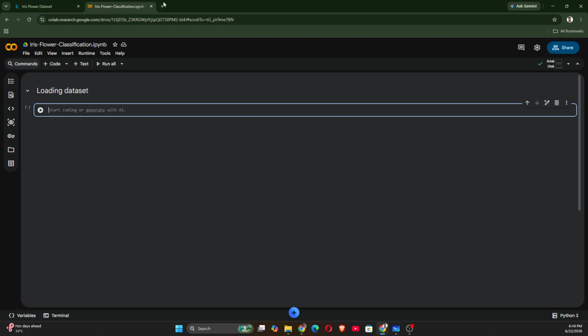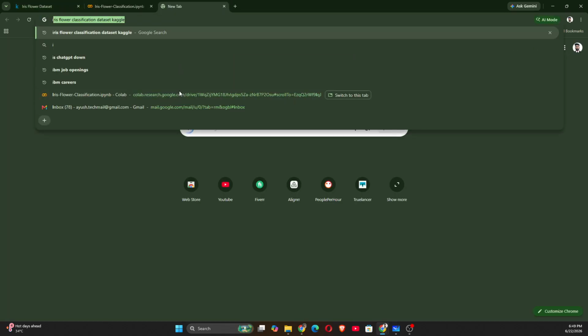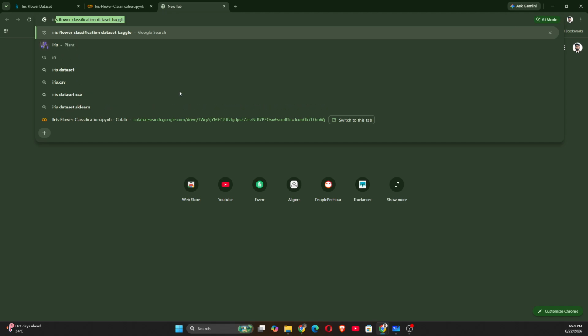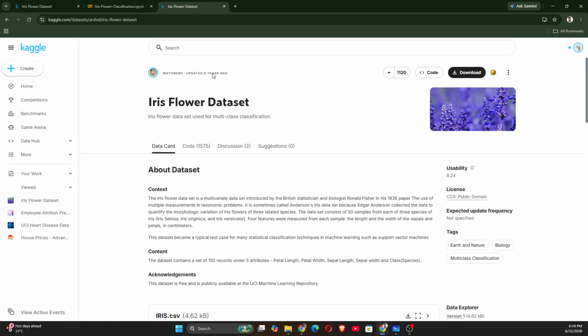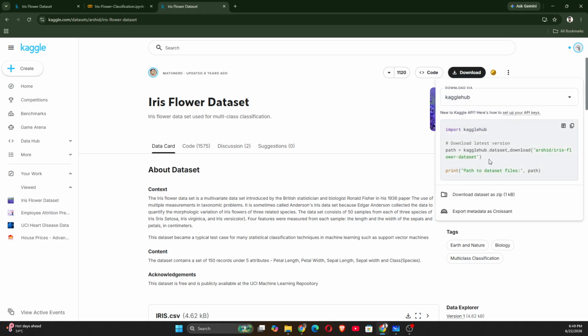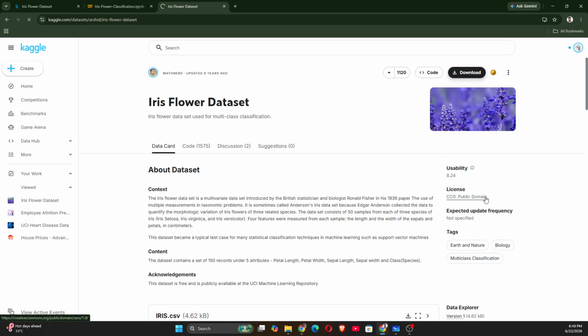I would be writing iris flower classification data set and from Kaggle I will download it. So I would just go to download. I can download it in two ways, one from the link and another as a zip. Okay, I will show you both the paths.